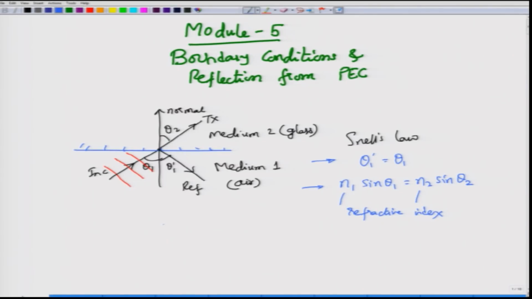So, for example, what will happen if I make sin theta 1, the sine of the angle of incidence, equal to n2 by n1?